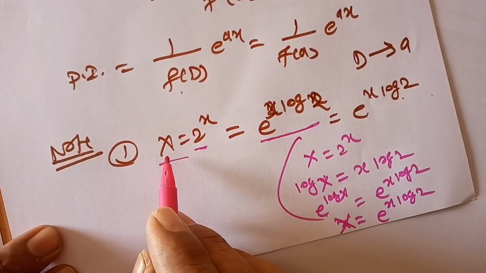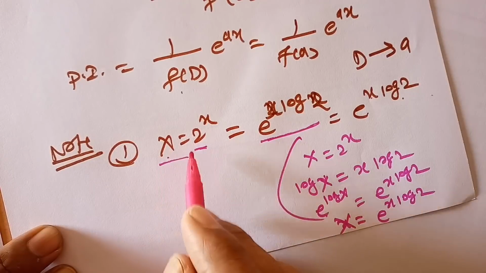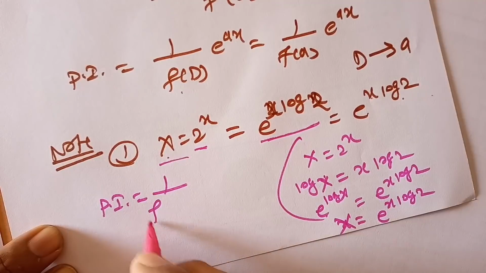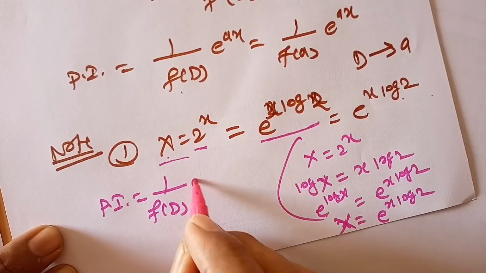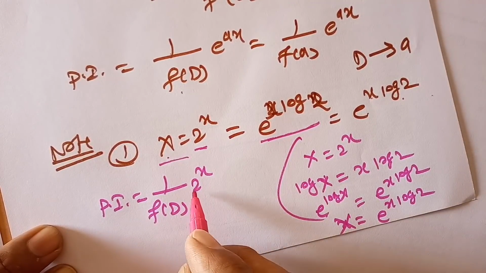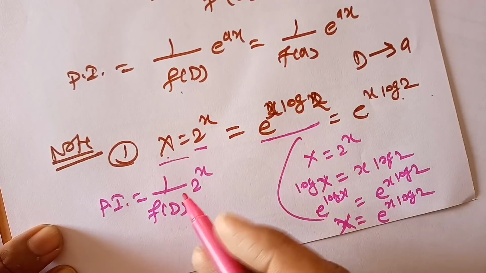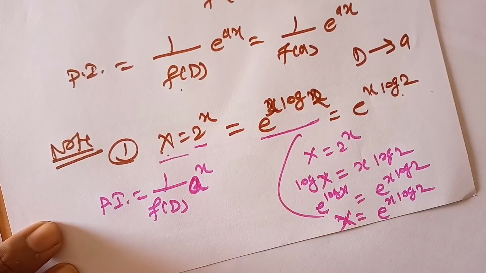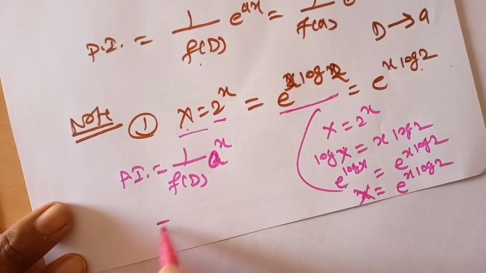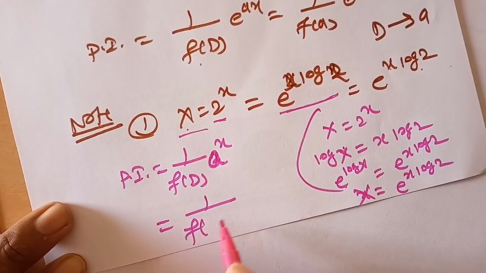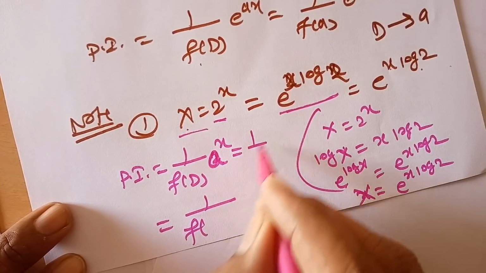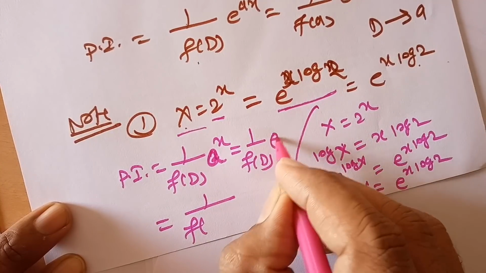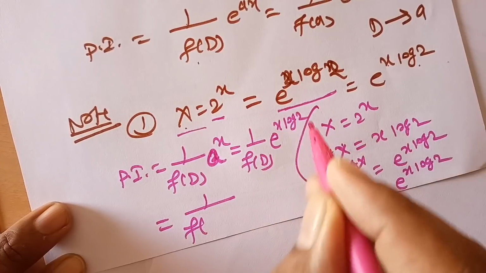Now if our right hand side is 2 raised to power x, then we can write PI as 1 upon f of D into 2 raised to power x. Or this can be any constant, I will write it randomly as a raised to power x, and its PI is 1 upon f of D on a raised to power x. We write it as e raised to power x into log 2.